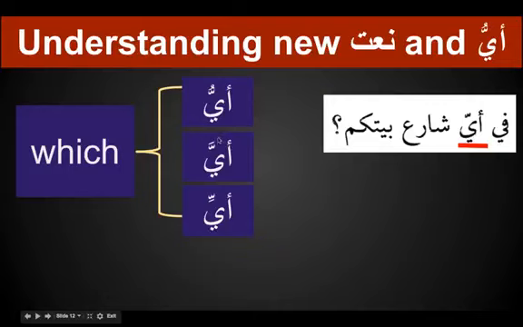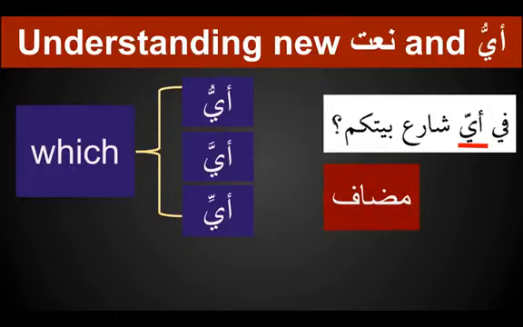The speciality of this word ayyu is that it always comes as a mudaf, which means the word after it is always a mudaf ilayhi, and it will have kasra. This is what we need to understand. So this is also a kind of special mudaf.